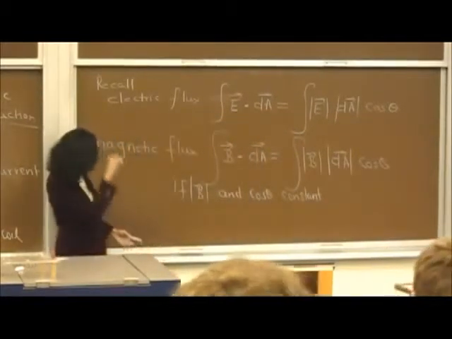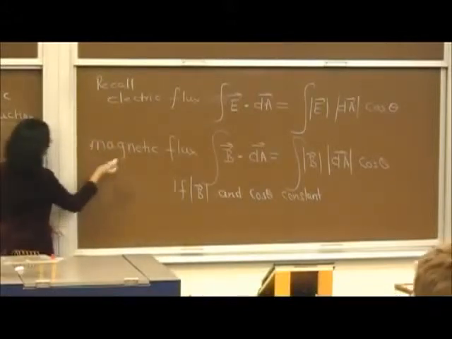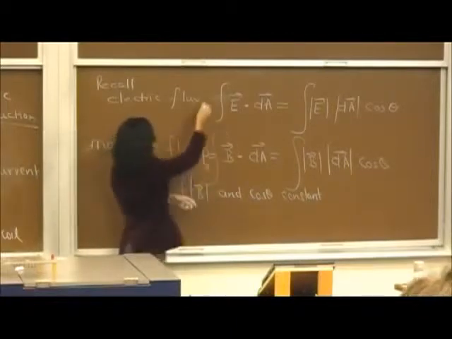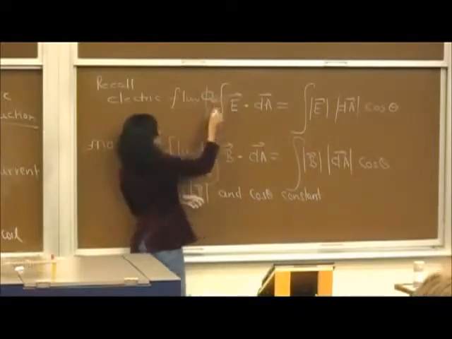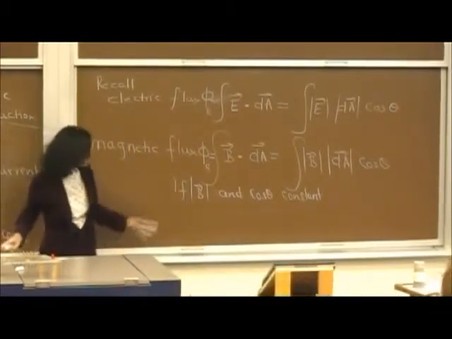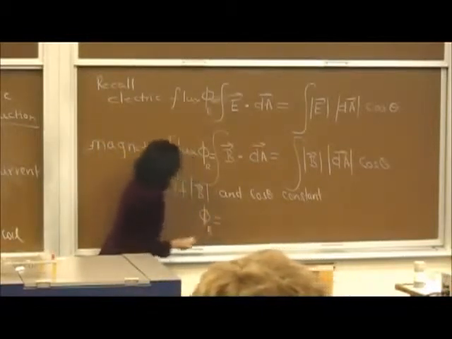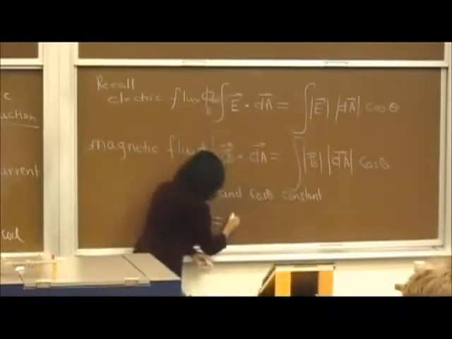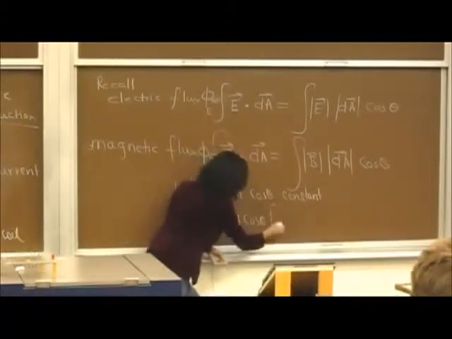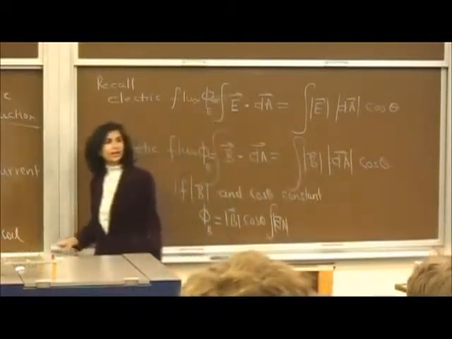I can, right? So by the way, let's give it a symbol also. We'll call magnetic flux phi of B, just like electric flux, remember we used to call it phi of E. Here we are going to call it phi of B. Just a shorter name. So if B and cosine theta are constant, we can say that the magnetic flux should be B pulled out, cosine theta pulled out, integral dA. What is integral dA?